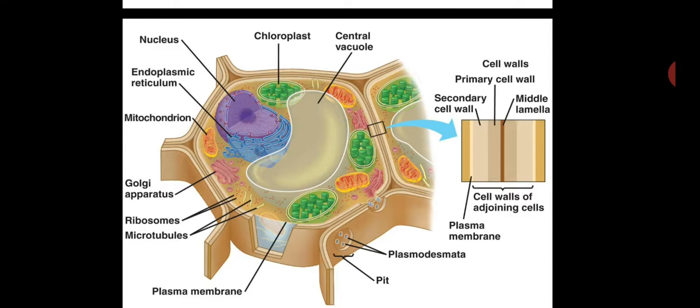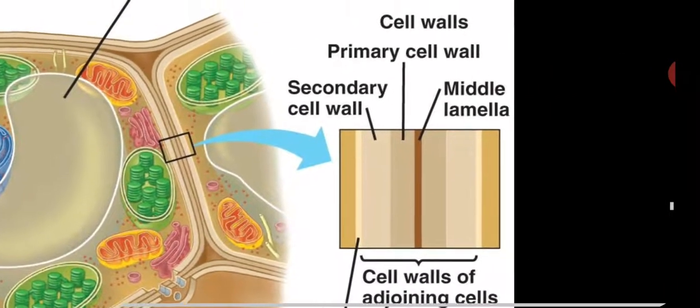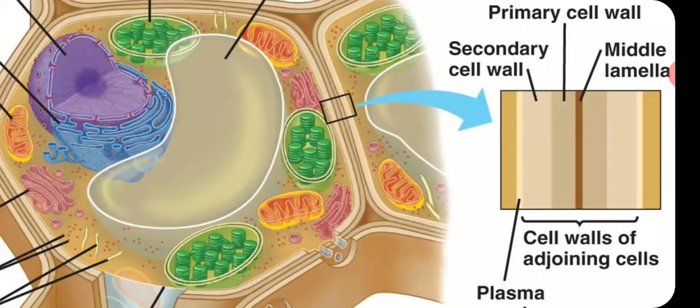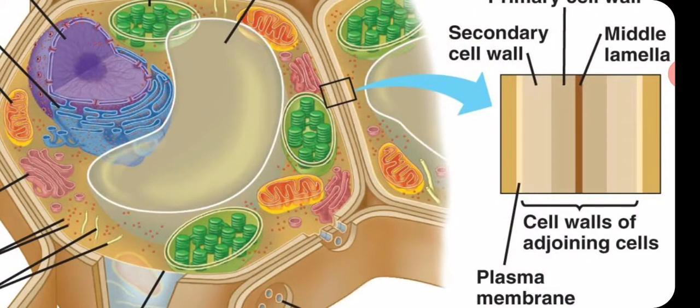The cell walls of all the cells are cemented by a matrix-like cell wall material known as the middle layer or middle lamella. Here you see the plasma membrane and the cell walls of adjoining cells.